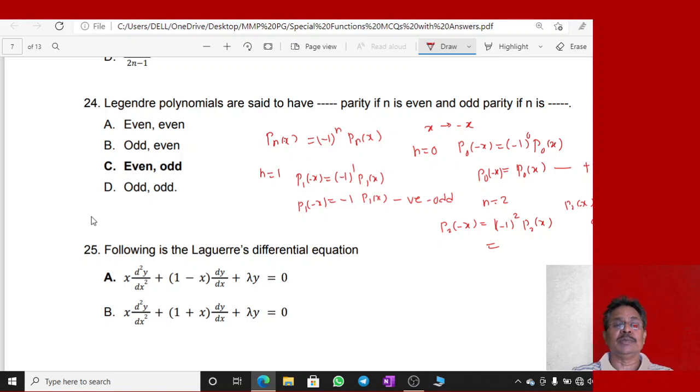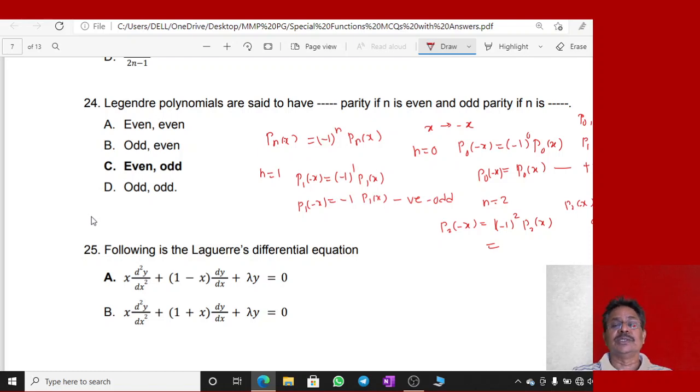So on the basis of that, it shows that P0, P2, P4, P6 etc., all these polynomials have even parity, and the remaining, that is P1, P3, P5, P7 etc., have odd parity, because every time minus 1 raised to an odd number gives you minus 1.